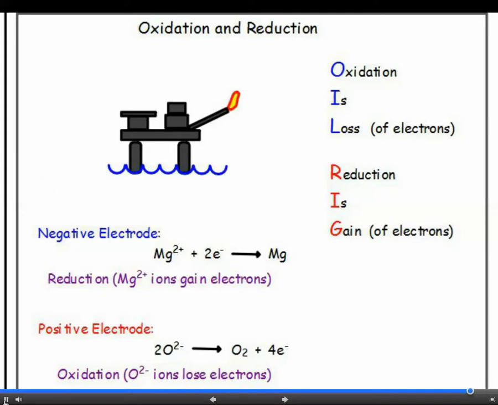Reduction happens to the metal ions and always occurs at the negative electrode where electrons are given to the ions. Oxidation always happens at the positive electrode as electrons are taken away from the negative ions. Oxidation is loss of electrons, reduction is gain of electrons.